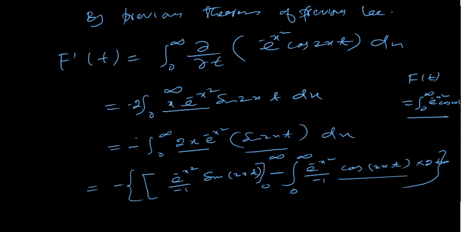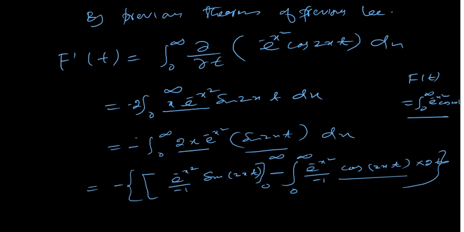So it's a minus times integral. This one is 0. It's e power minus x square, twice t e power minus x square cos of 2xt dx.